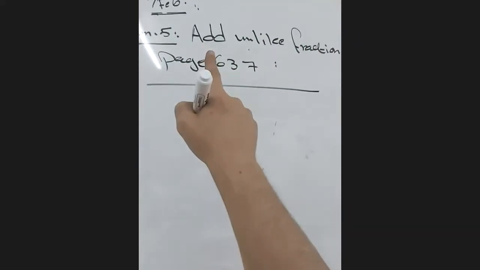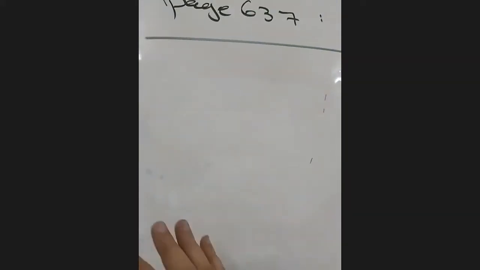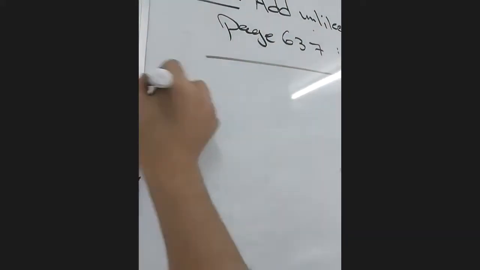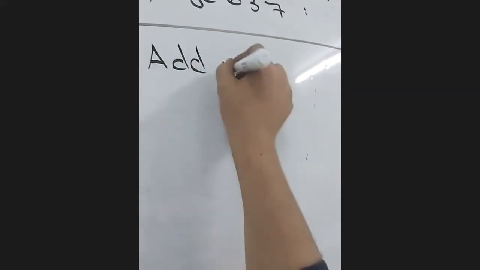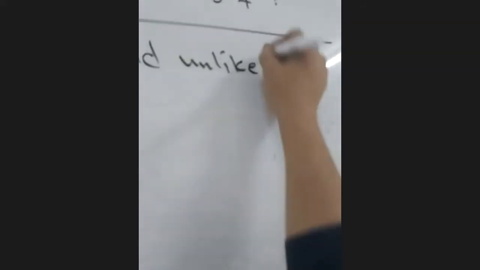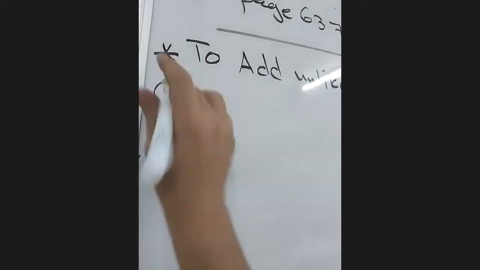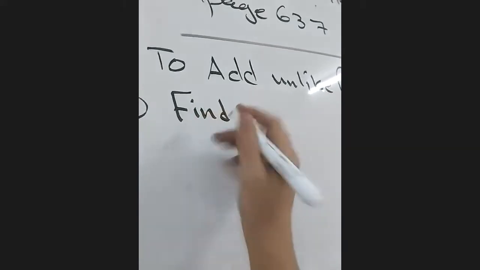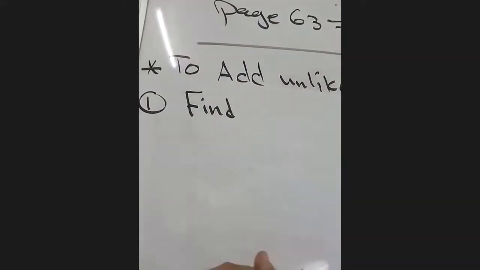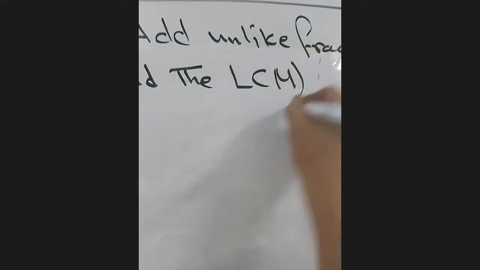Now today we will add unlike fractions, which means the numbers down are different, okay? Focus with me here. To add unlike fractions, the first step, which is a very important step, is to find something we did before: the LCM.